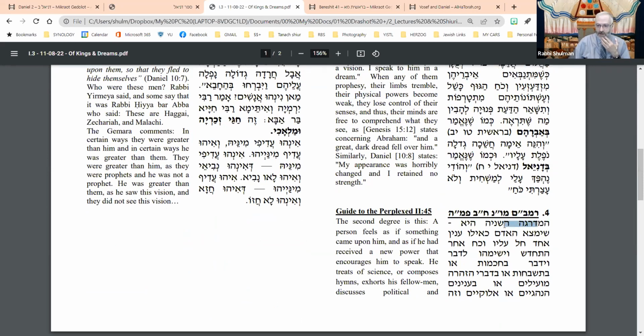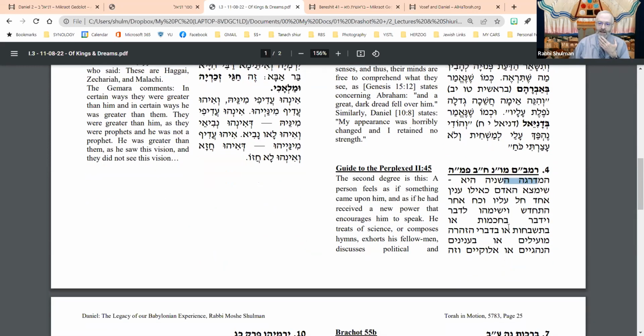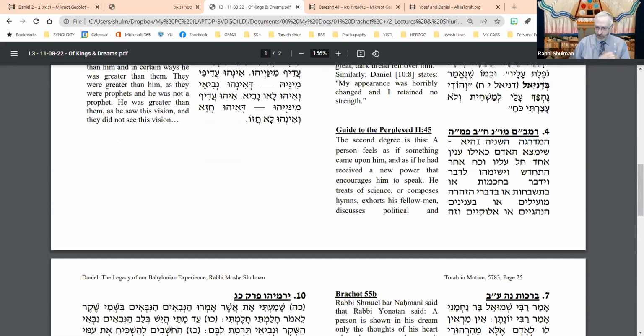First, he talks about what is prophecy and the status and the nature of prophecy, and then he talks about a second degree, one step below prophecy.